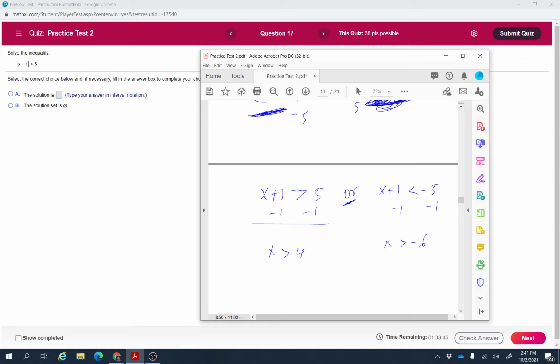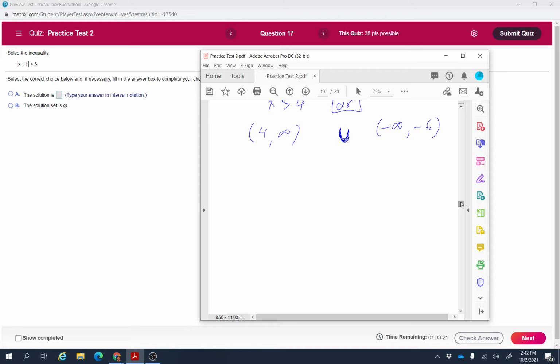So how do you write it? Anything less than -6 is from -infinity to -6. Anything greater than 4 is 4 to +infinity. Because there is an "or" sign, you have to take the union of them. But we always start with the lower number, so you write this thing on the left side and this thing on the right side.